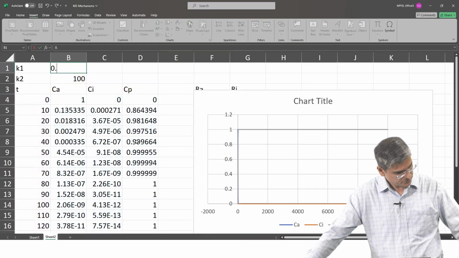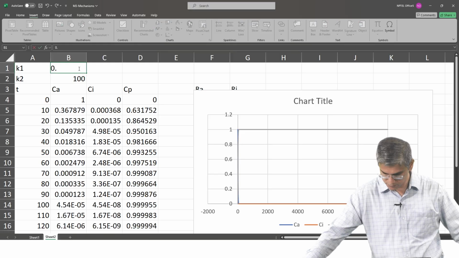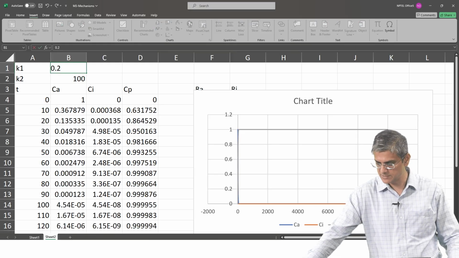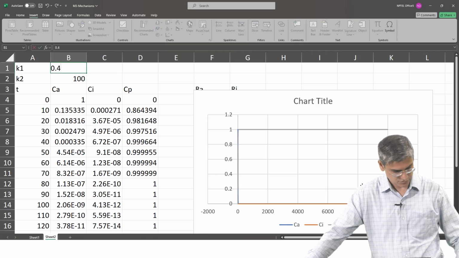Okay. From here I change it. So this was 0.1, right? Now, let us change it to 0.2. Just see what happens to the graph. What happened? No change.